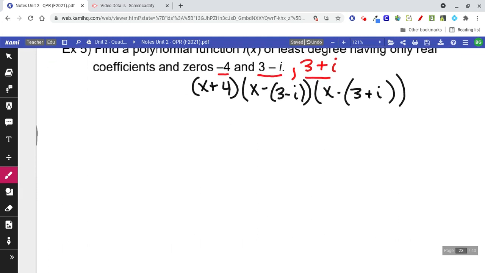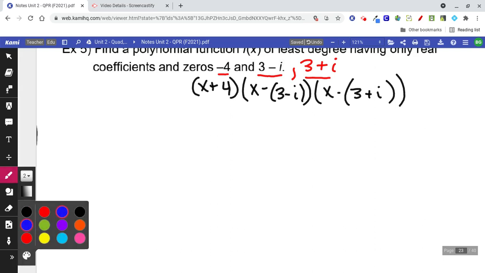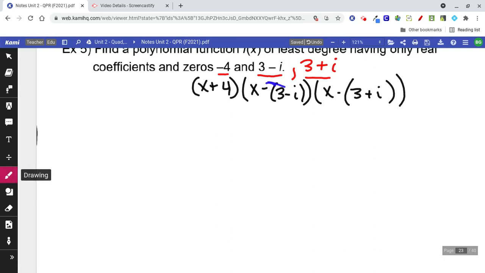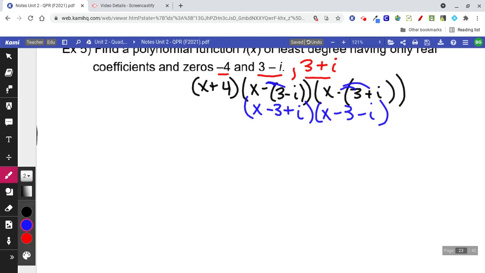But let's distribute the negative. That's kind of where I would start. Distribute that minus, and that's x minus 3 plus i inside there. And I'll do the same thing, x minus 3 minus i right there. I want to distribute and multiply that together. Multiply the 3 things on the left by the 3 things on the right. And so that's distributive property. Let's distribute.